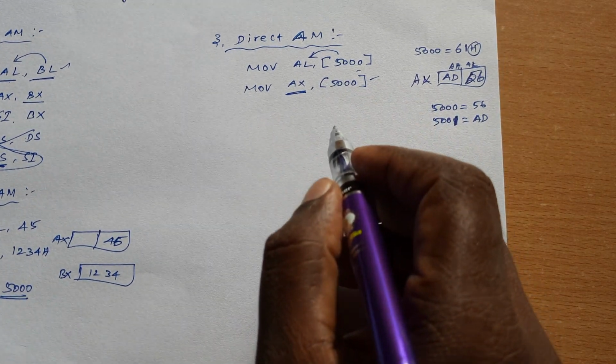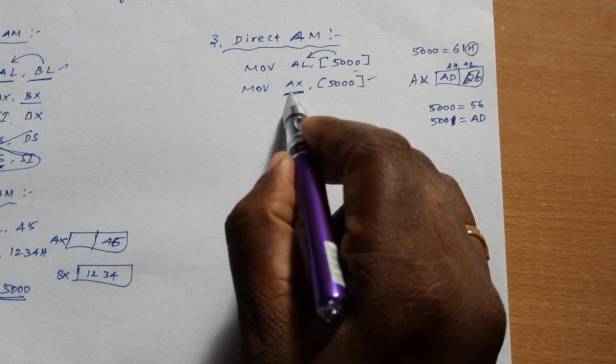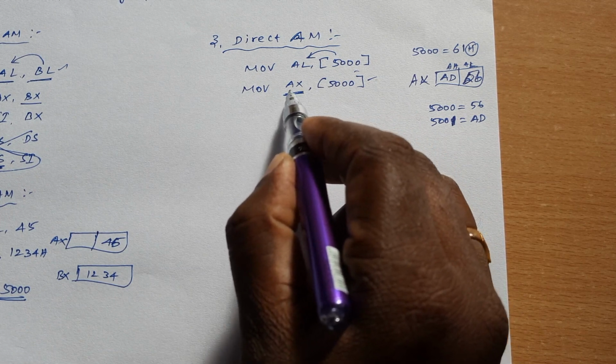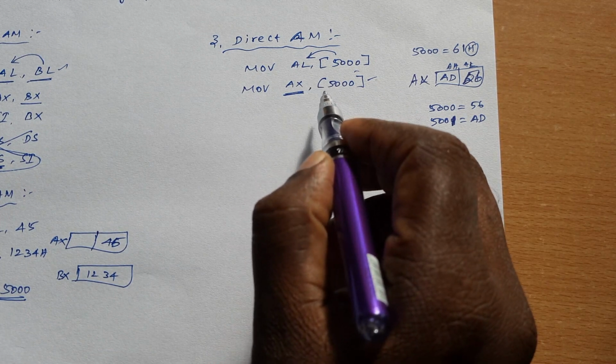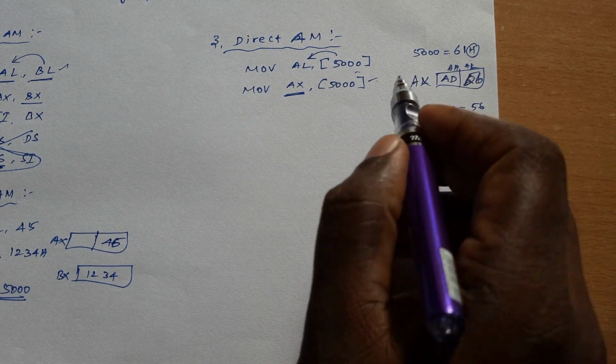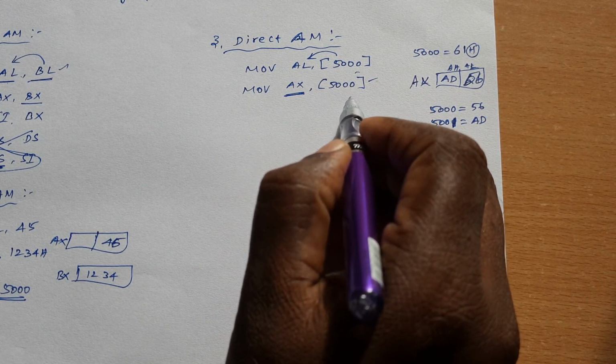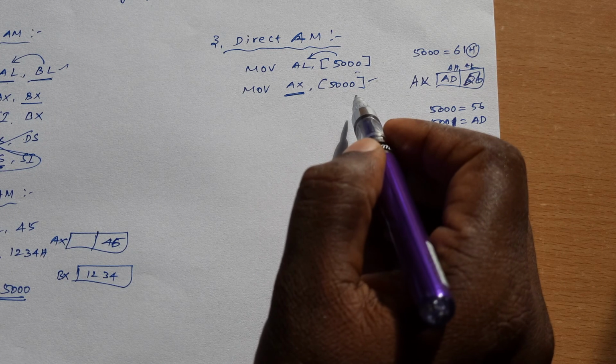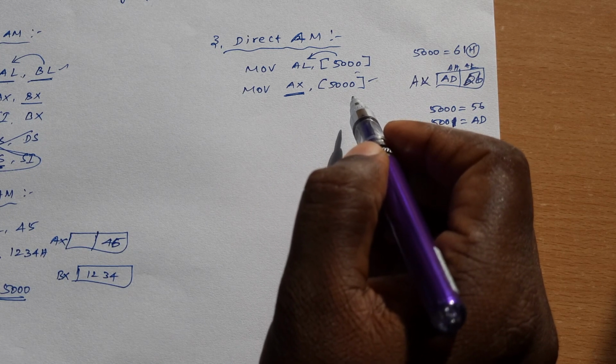So for us, we should not get confused, and if there is any 16-bit representation, definitely two 8-bit numbers will be moved from two consecutive locations, because each and every memory location can hold only 8-bit number.